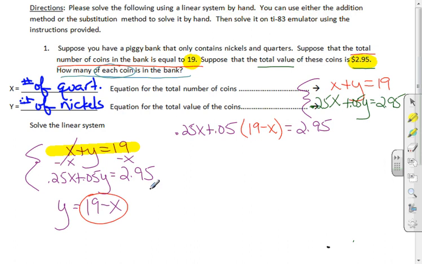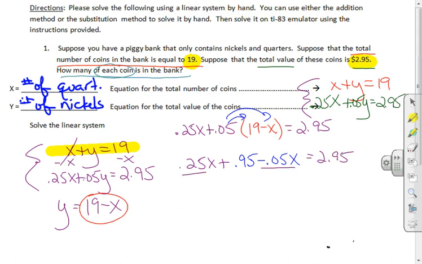Okay, so from here I'm just going to get x by itself and find out what x is. So that's going to give me, let's see, 0.25x plus, now I'm going to distribute, which is going to give me 0.05 times 19, which is 0.95 minus 0.05x equals $2.95. And I'm going to combine like terms. So I'm going to see that I get 0.20x plus 0.95 equals 2.95.